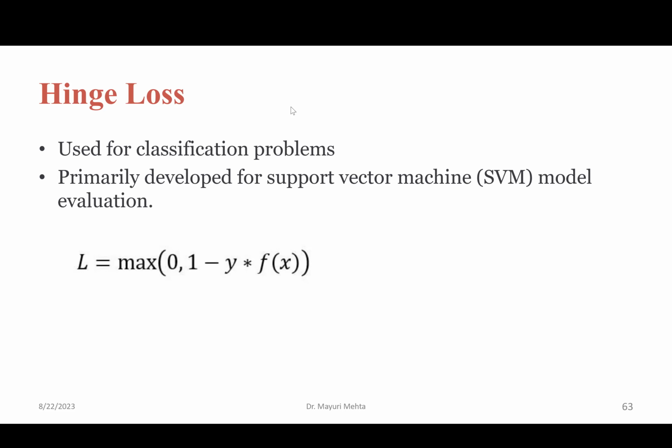And this is the formula. It's very simple: f of x is the predicted value, y is the given value, and this is how it is calculated. Hinge loss penalizes the wrong predictions and the right predictions that are not confident. It's primarily used with SVM classifiers with class labels as -1 and 1.